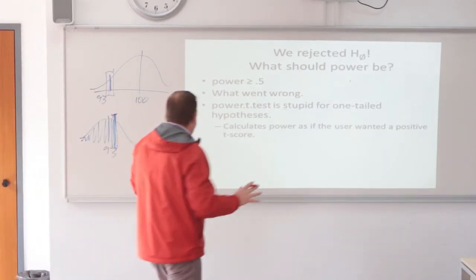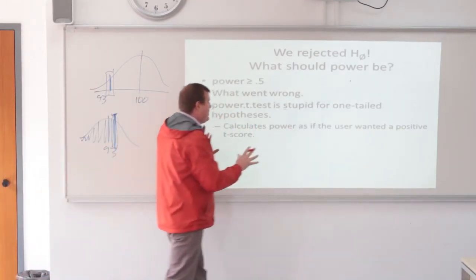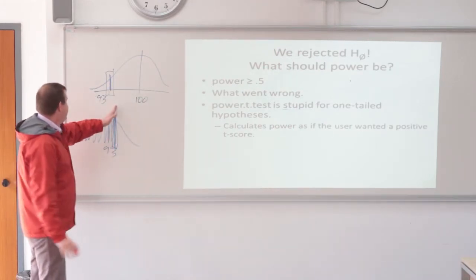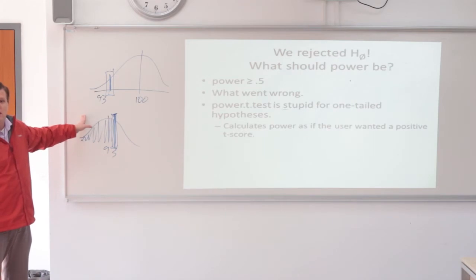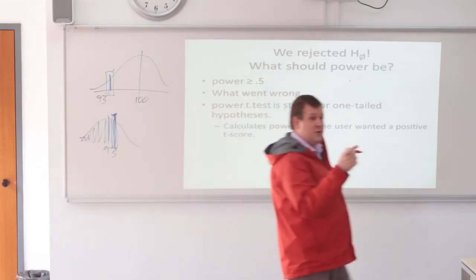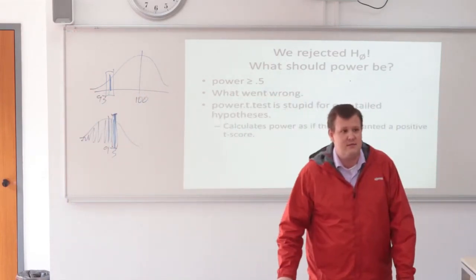So if it's calculating power as if the user wanted a positive t-score and we actually wanted a negative t-score, what should we do? One minus? Not one minus, but it involves something with the 1 and also with the minus.